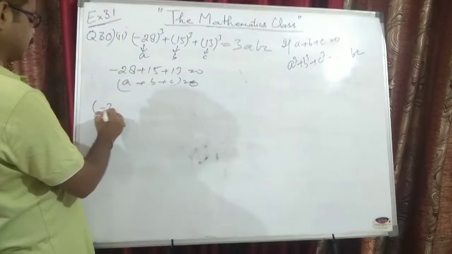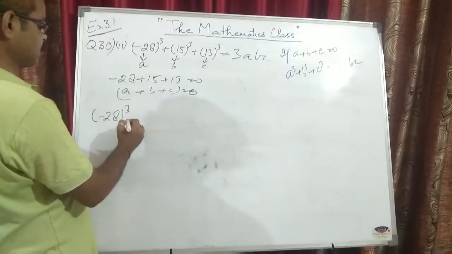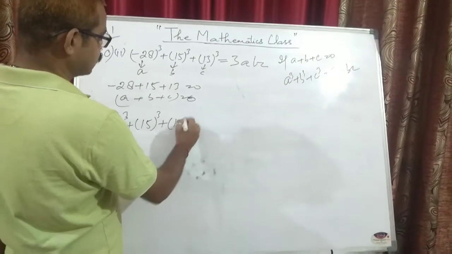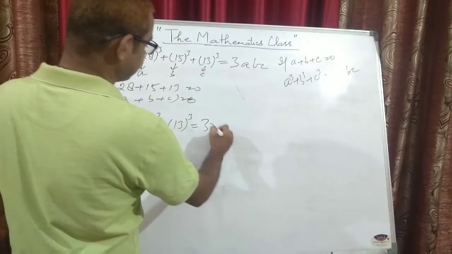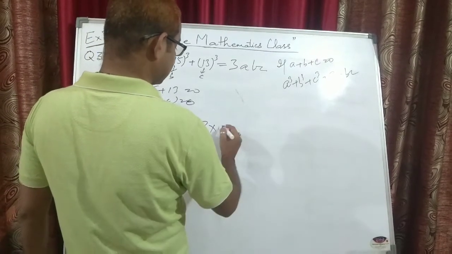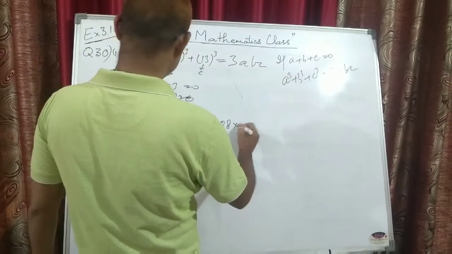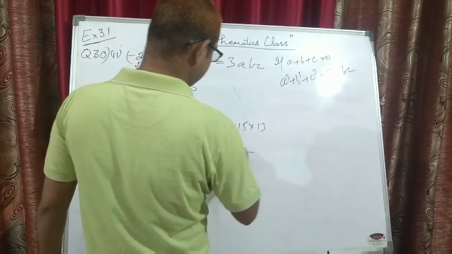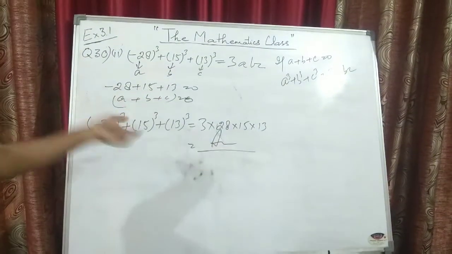That is minus 28 cube plus 15 cube plus 13 cube is equal to 3 times a, that is minus 28, b is 15 and c is 13. You multiply, you solve, and you will get the final value.